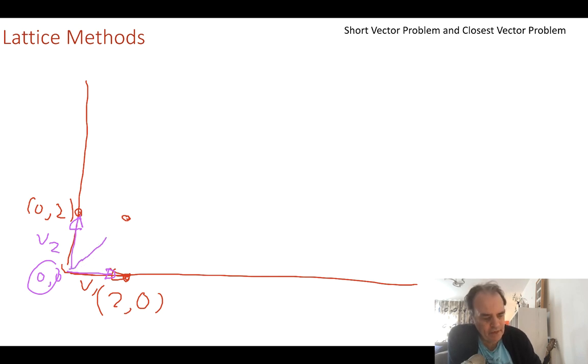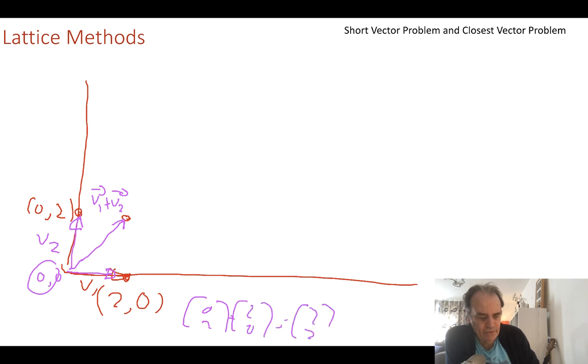I can now create another vector which is v1 plus v2. Remember vectors look a bit like that. So we add them together, so we add the x. We take 0, 2 and 2, 0 and get 2, 2 there. I can have another vector at 4, 2, and this vector here will be 2v1 plus v2.